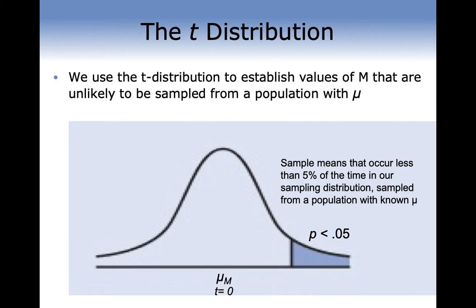Now, in doing null hypothesis significance testing, what we're going to do is use the properties of these sampling distributions, in this case the t-distribution, to establish values of the sample mean that are unlikely to be sampled. Okay? Remember that that's what null hypothesis significance testing is all about: we're going to establish a t-distribution that is based on sampling from a population in which the null hypothesis is true. So let's think about our example of lottery winners and whether winning the lottery increases happiness.